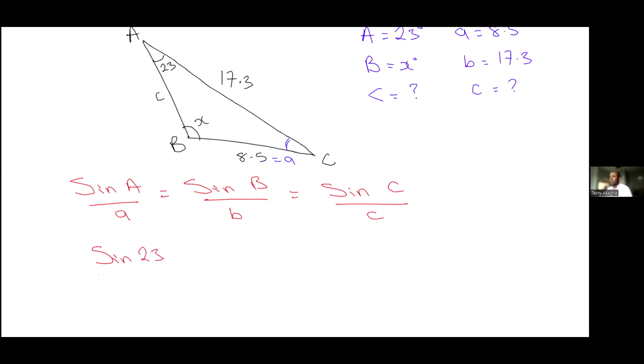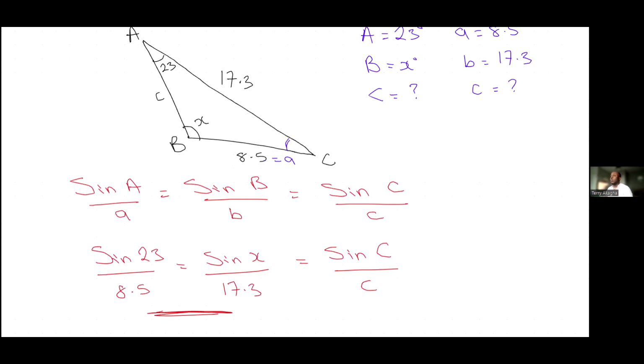So you can see we had to use sine rule because we have a complete pair here, equal to sine x divided by 17.3 and equal to sine c over c. So in order to solve this, we then have to use this pair to solve.